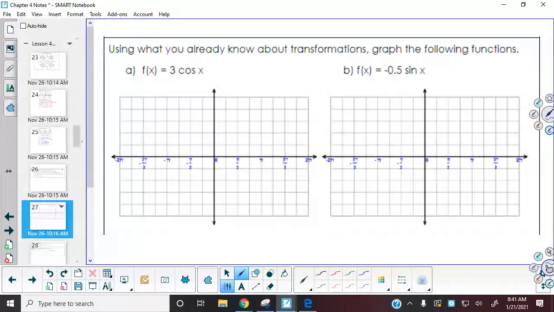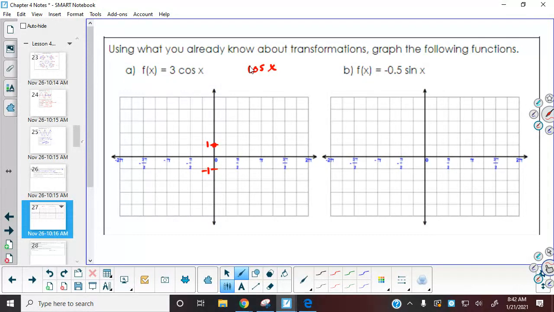So here's the deal. Using what you already know about transformations, graph the following functions. What I'm going to do is in red, I'm just going to plot the major points of the original. So I'm going to do in red cosine x. We know with cosine, if we go back to our unit circle, and I'm going to change this to be 1 and -1, if we haven't gone anywhere yet, our x value, in other words our cosine, is 1.